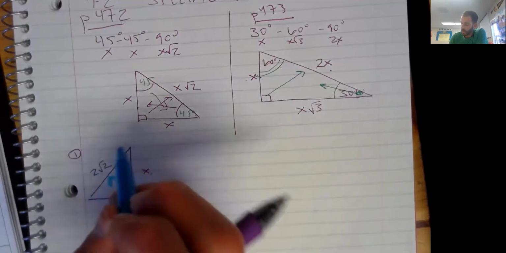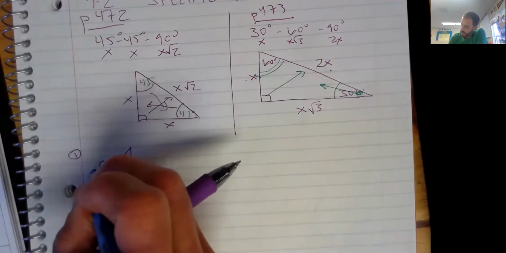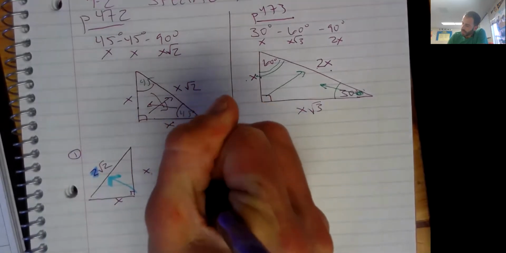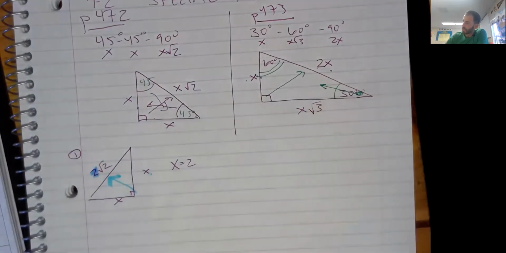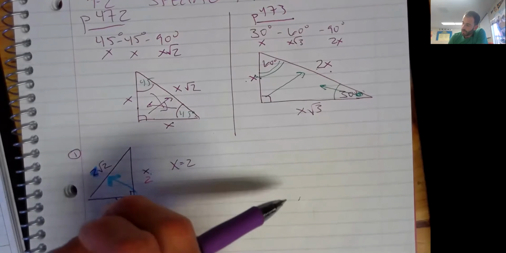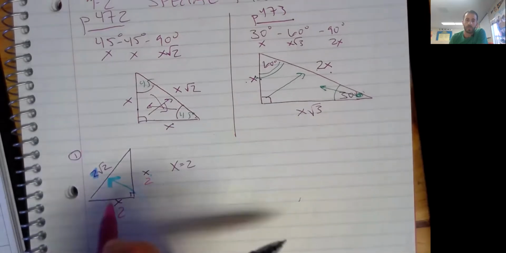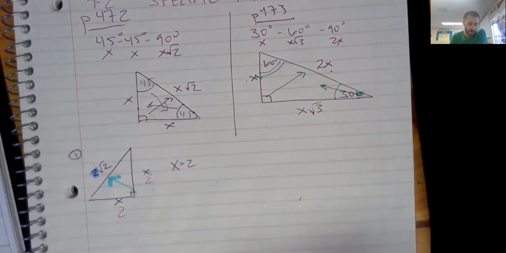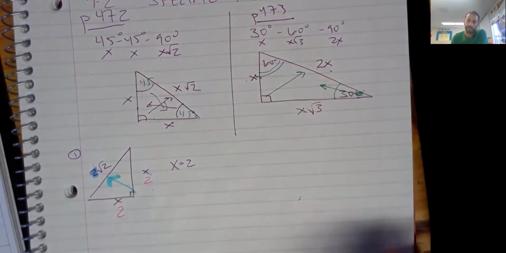Well, wait. So ignore the rad 2. What's the number in front of the rad 2? It's 2. So what does x equal? x equals 2. So we have a 2, 2, 2 rad 2 right triangle.